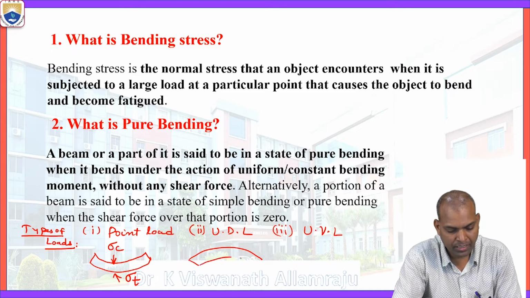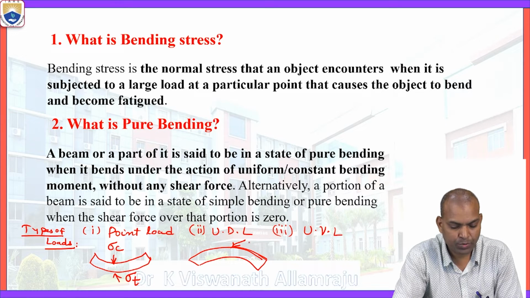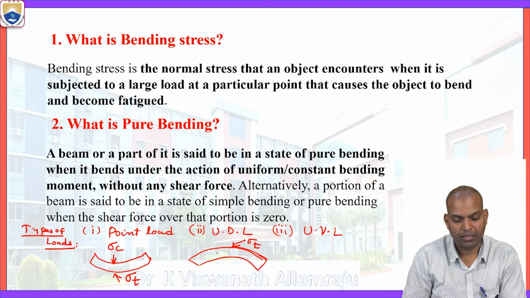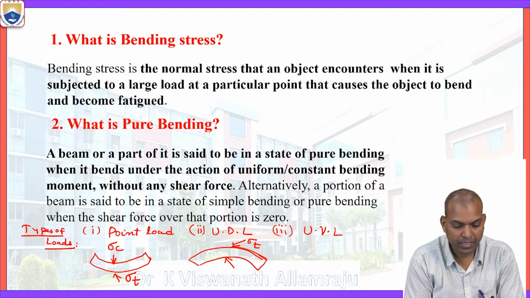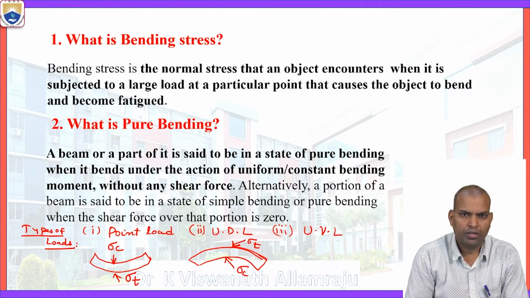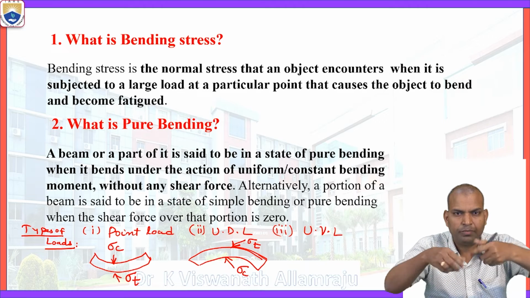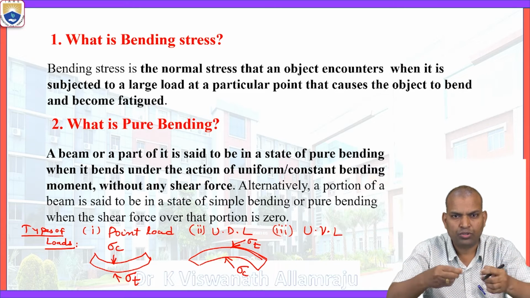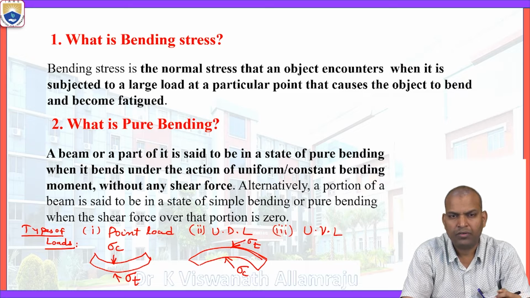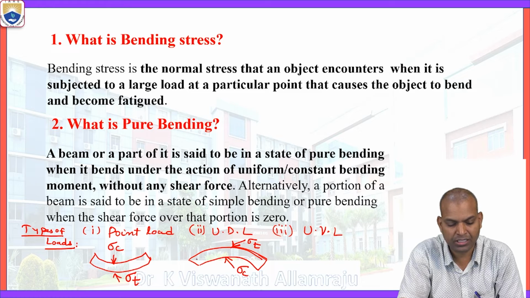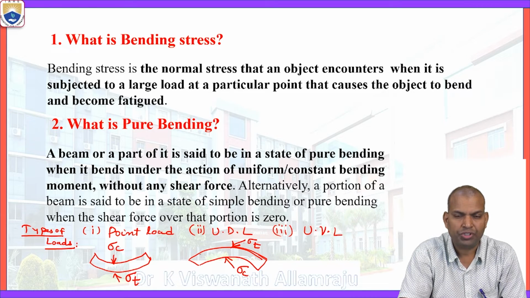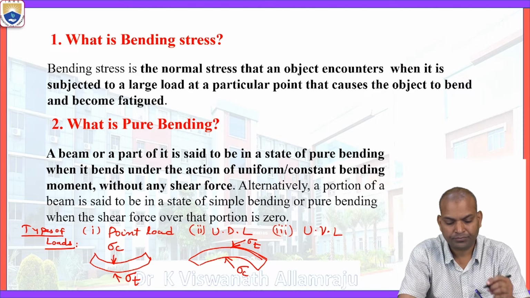If the beam is bending in the other direction, the top layer experiences tensile stress and the bottom layer experiences compressive stress. If the loads are applied so that compression and tensile stresses alternate completely, they become cyclical loads. Due to fatigue, failure takes place. This bending stress leads to shearing of the component or the beam.